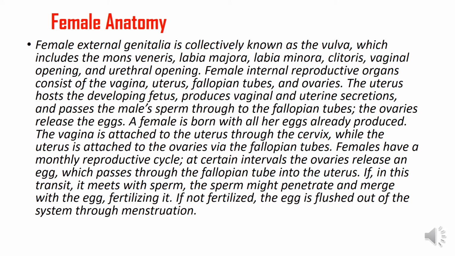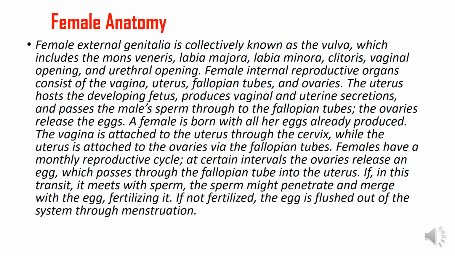The uterus hosts the developing fetus, produces vaginal and uterine secretions, and passes the male sperm through to the fallopian tubes, and the ovaries release the eggs. A female is born with all her eggs already produced. The vagina is attached to the uterus through the cervix, while the uterus is attached to the ovaries via the fallopian tubes.